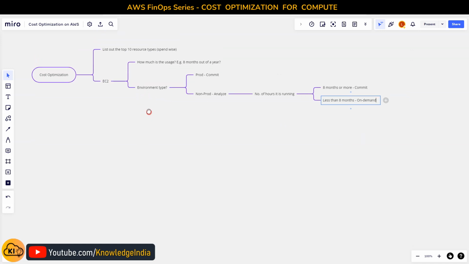Okay, so that's for the non-prod thing, right? Now, how do you really ensure that in the non-prod environment your resources are actually not running 24/7?